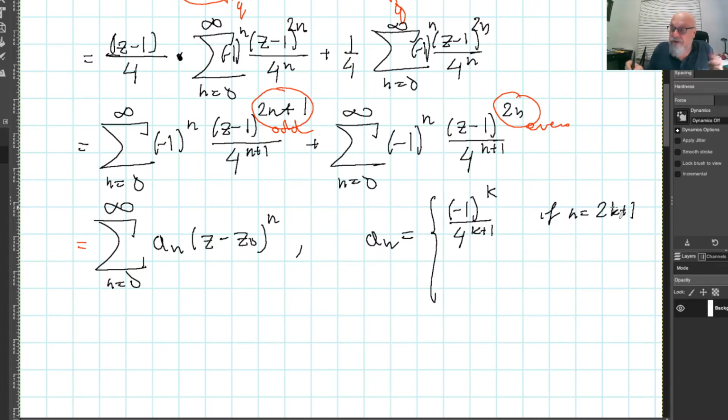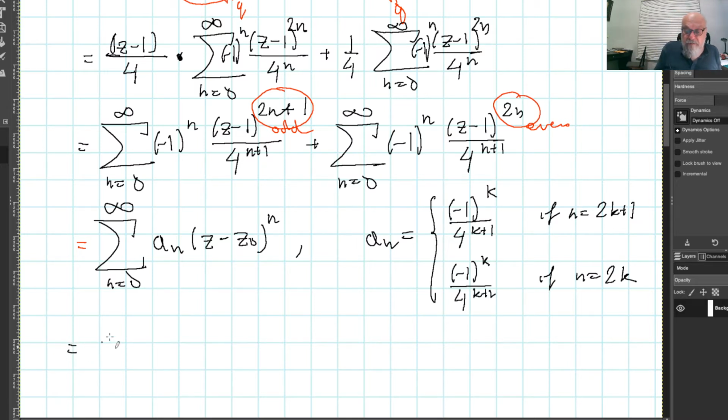That means I need to change it to the power. So instead you can think this is k and this is 2k plus 1, so that becomes your n. And this is for odd, and for even it will be simply (minus 1) to the power k over 4 to the power k plus 1 if n is equal to 2k.